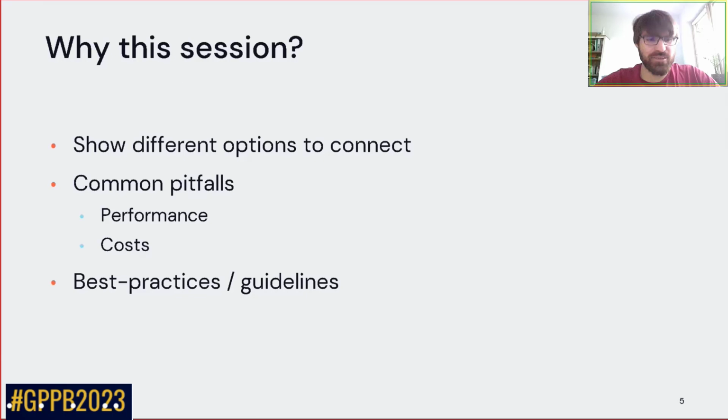Power BI is quite powerful, and there are various ways how you can connect to your data and visualize it. I will show the different options that we have using built-in connectors and also the Delta Lake connector that I mentioned before. There are also some very common pitfalls that you probably come across, which are mainly related to performance and costs.